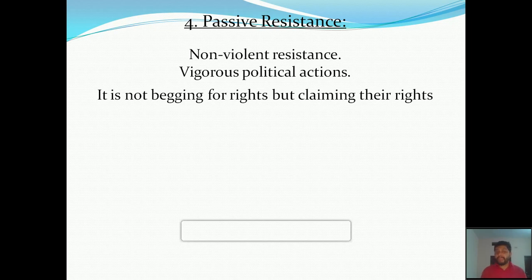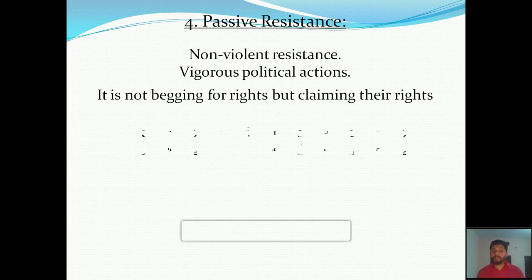Actually, it's our right, and we need to claim it. So that was the main intention, the main measure taken by the assertive nationalist leaders through passive resistance.